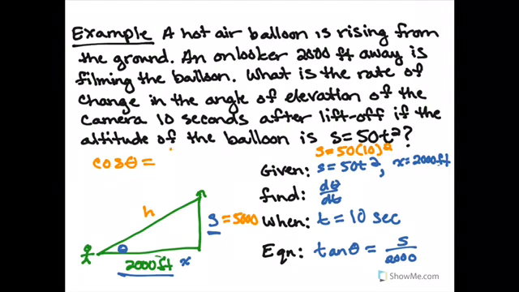So my adjacent is 2,000. I need the hypotenuse. How do I find the hypotenuse given the information I have now? Pythagorean theorem. Great. So the hypotenuse equals the square root of 2,000 squared plus 5,000 squared. So our cosine theta is 2,000 over that hypotenuse.